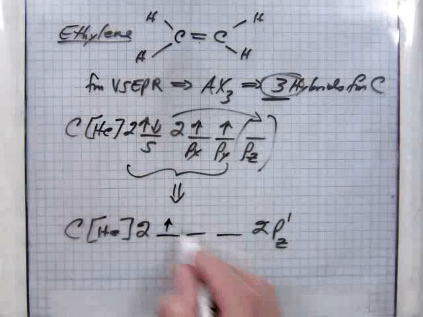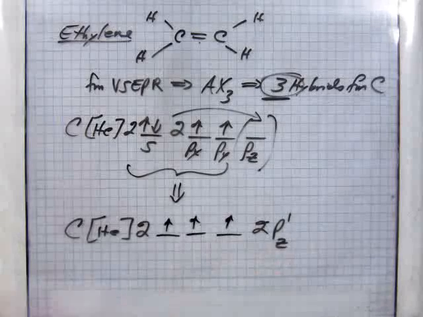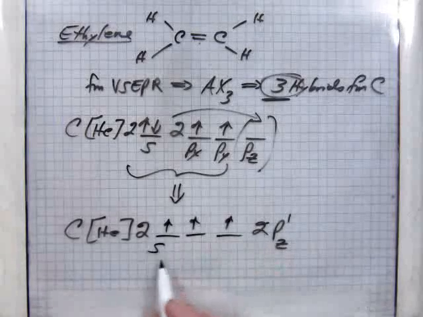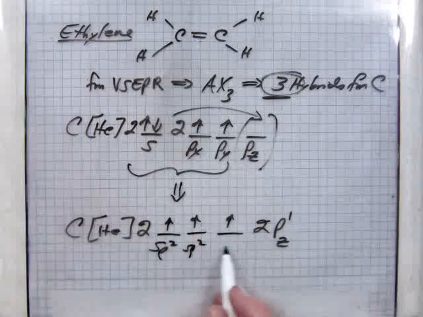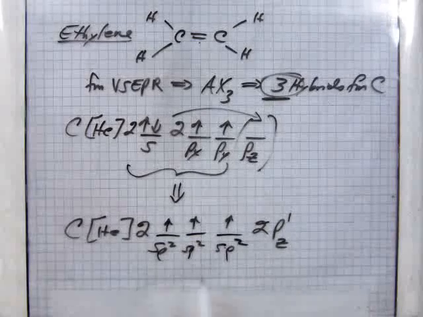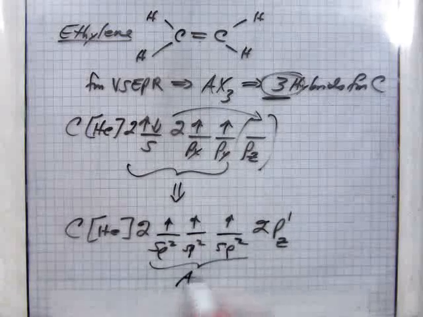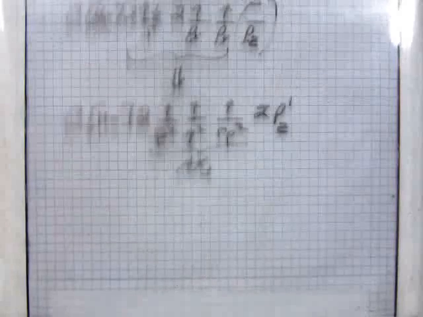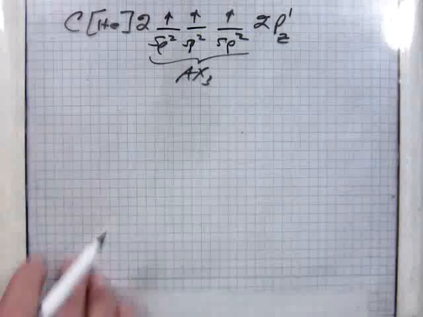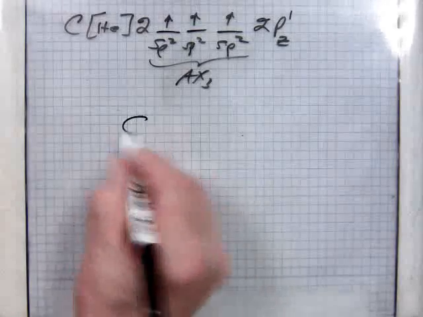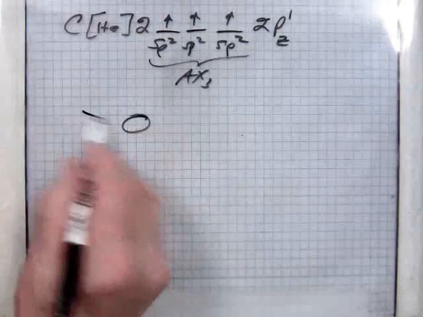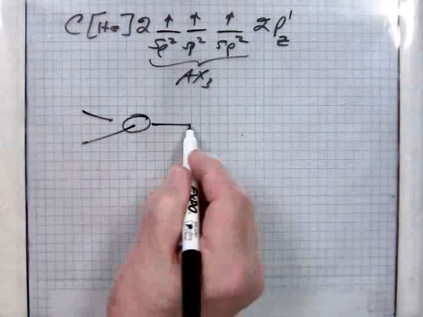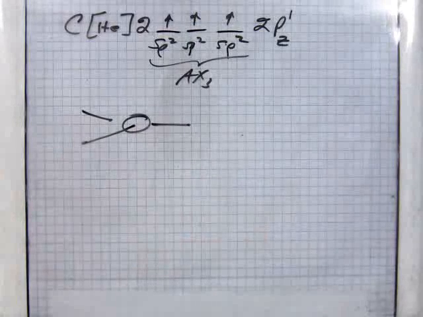But here you have the paramagnetics, and this is an sp2, sp2, sp2. Now, this is an AX3 geometry for this structure. Let me come up here. So if I have a carbon right here, I'll have this trigonal planar right there.